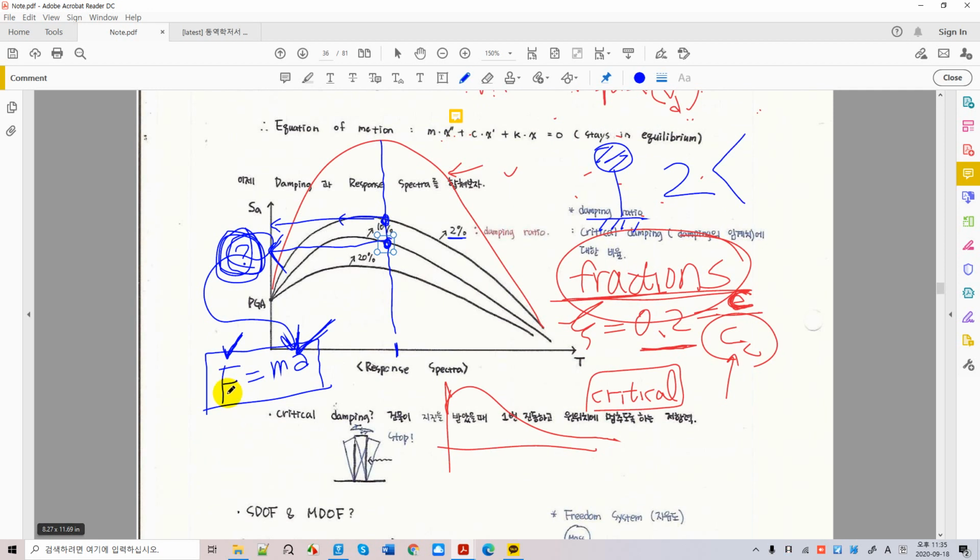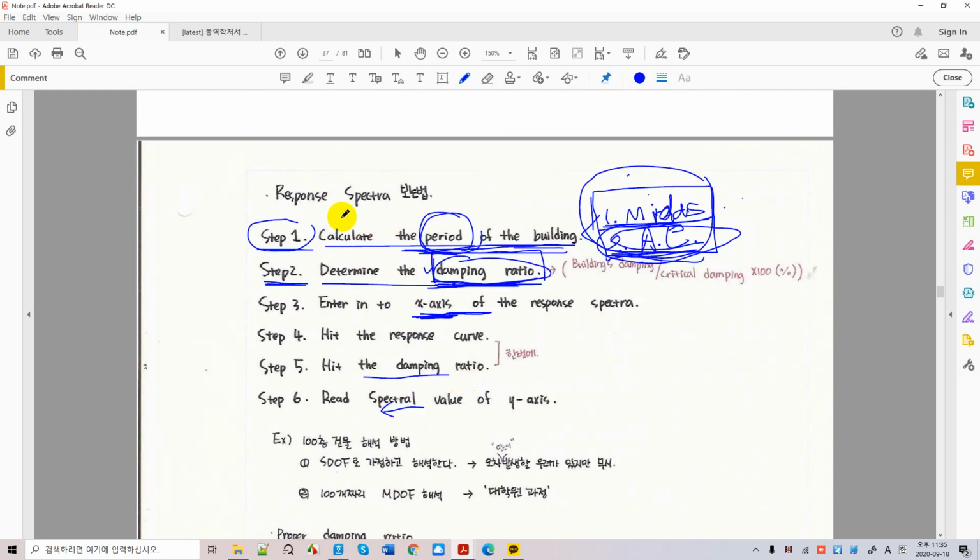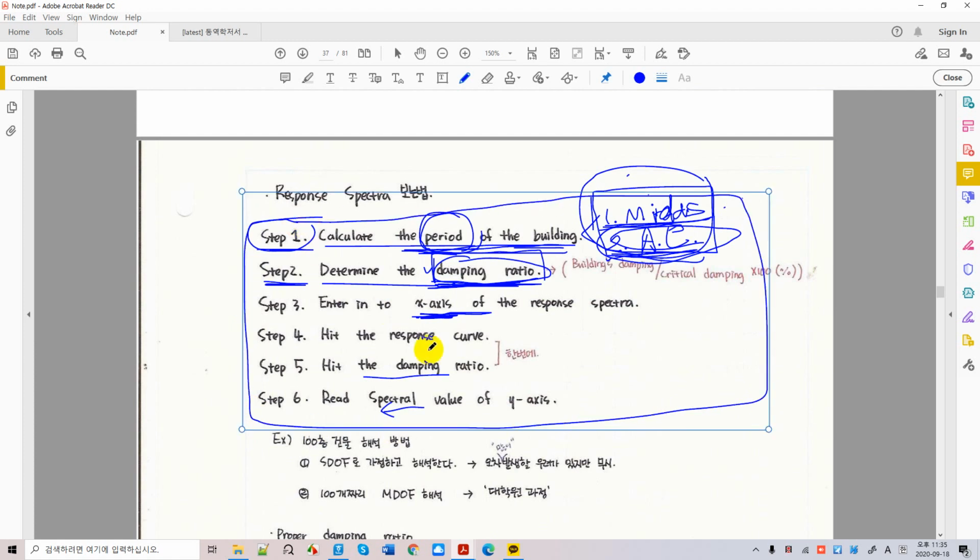Very easy. Earthquake lateral force is eventually calculated as mass times acceleration. The acceleration comes from the y-axis of your response spectrum. So you are calculating to understand the whole set of steps for response spectra.